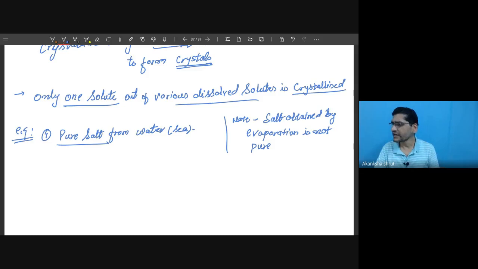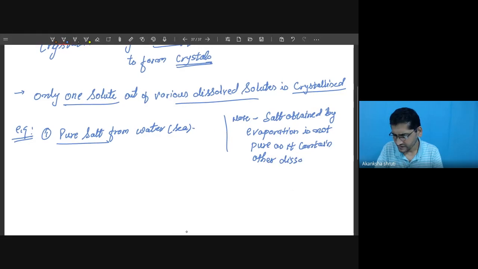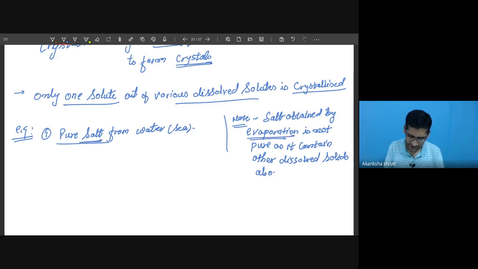Why not pure? It contains other dissolved solids which are not able to evaporate. This is the problem with evaporation. But the salt we obtain by crystallization is totally pure.